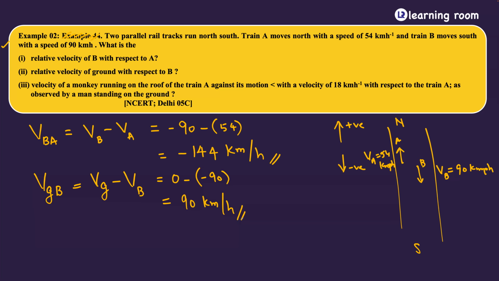See, you are stationary here. There is a train B which is moving here. There is another person on the ground standing on the other side. So when that person standing on the ground is observing how the train B is moving, according to him, it is moving at the same speed of 90 kilometer per hour because he is not moving, he is not going to sense anything. Are you able to understand? So that's what happens.